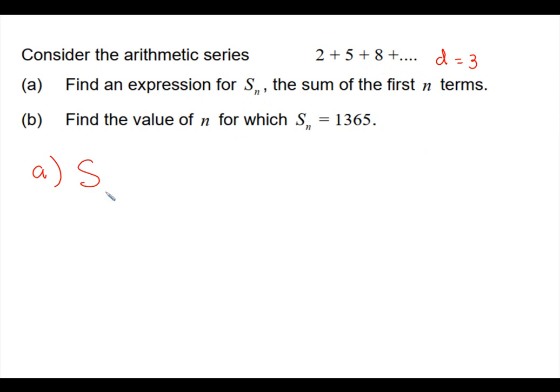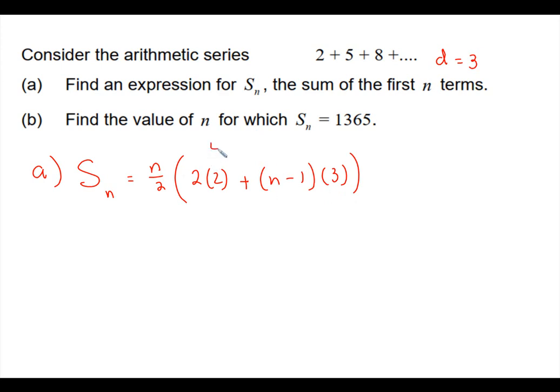So the sum of some amount of terms, n, we would have n over 2, right? And then we would have parentheses 2 times the first term. In this case we know it's 2. I'll put a 2 there. I do know the first term. Plus n, which we don't know, minus 1 times d, which in this case is 3.